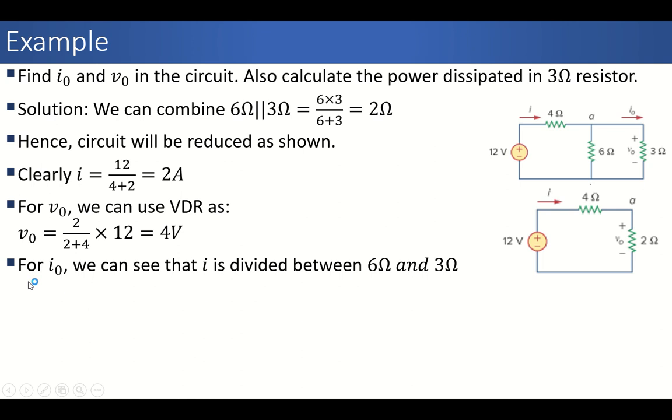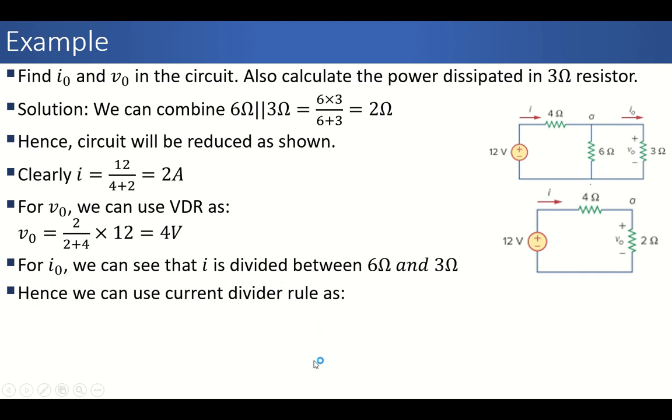Similarly, now we can easily find I naught. We can see that I is divided between the 6 ohm and 3 ohm. As already mentioned, this current I is divided in the parallel resistances of 6 and 3. The voltage is still V naught across the 3 ohm and 6 ohm, that is 4 volt, but the currents will obviously be different because the resistances are in parallel. So we can use the current divider rule in this circuit.